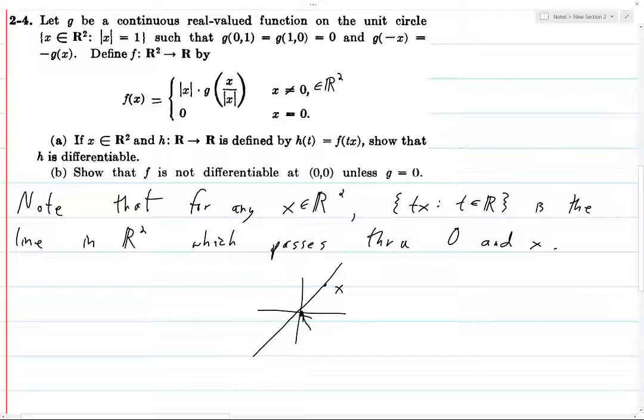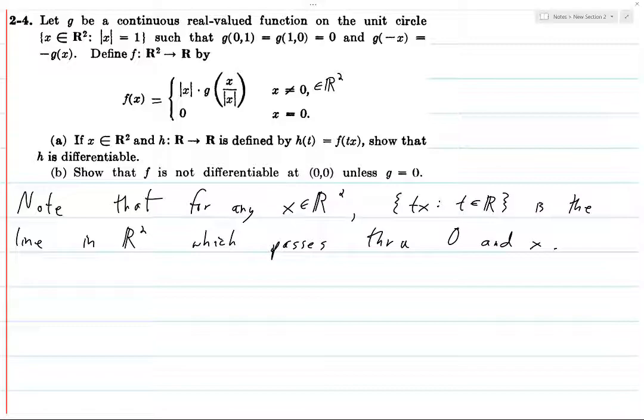If you evaluate h at a positive t, then you're going to be evaluating f at points over here on the line, and if you evaluate h at some negative t, then you're going to be evaluating f at some point over here on the line. Okay, so again, this is all just getting you used to what's actually going on in the problem and helping you see what the problem is actually talking about.